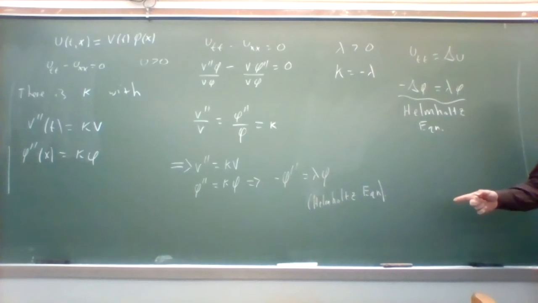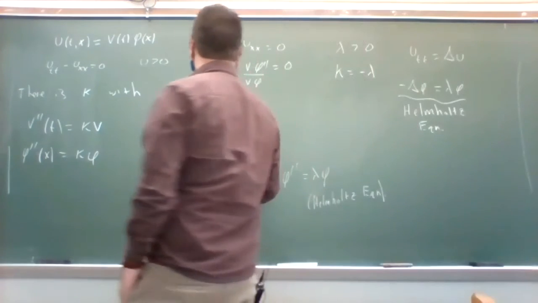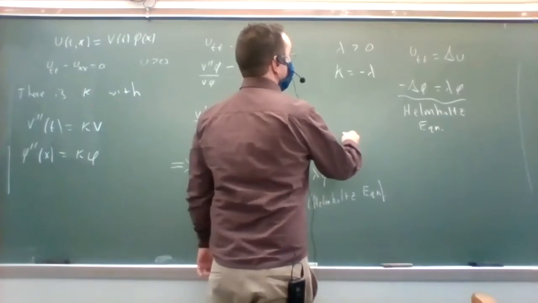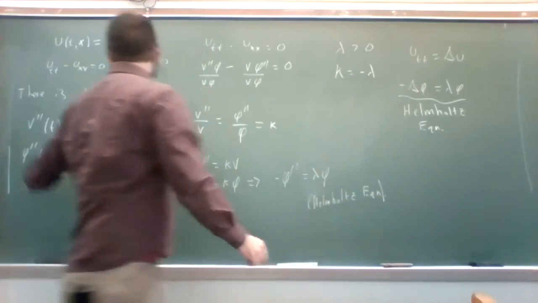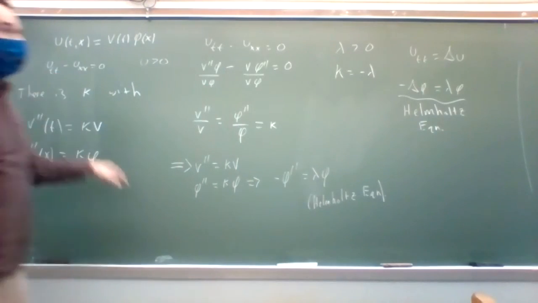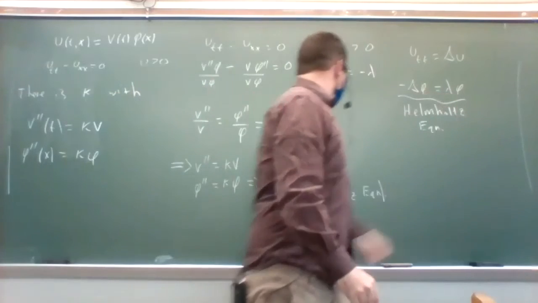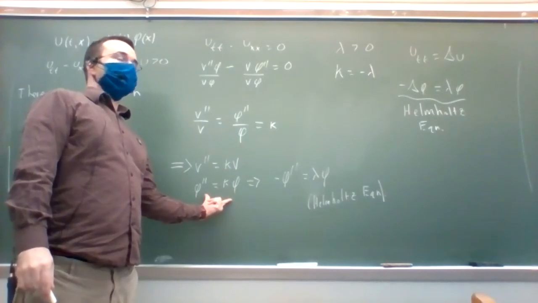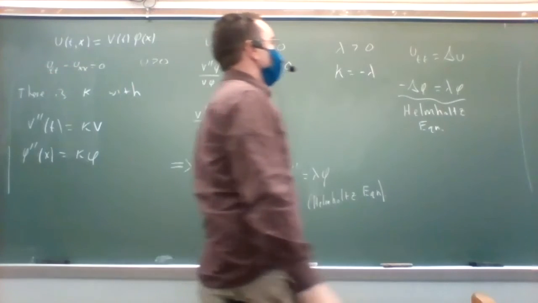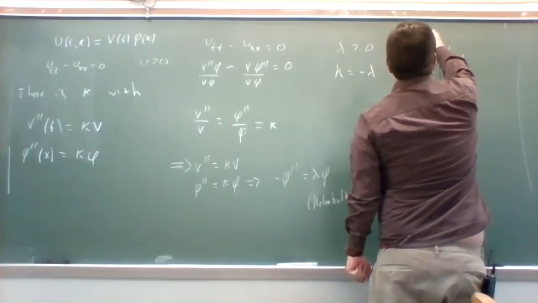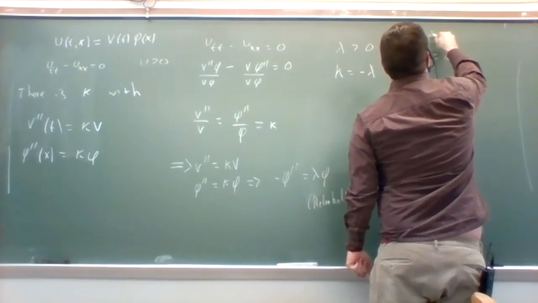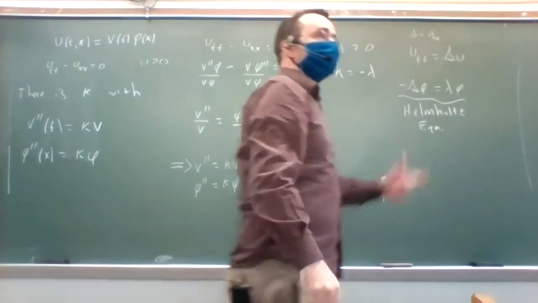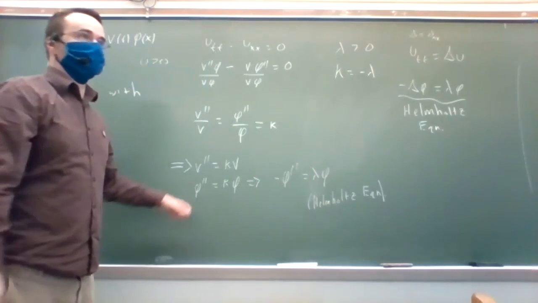If you redo this argument with this equation instead of that one, you'll get this equation instead of this one. And in fact, in one dimension, the Laplacian is 2 space derivatives, which is like phi double prime.